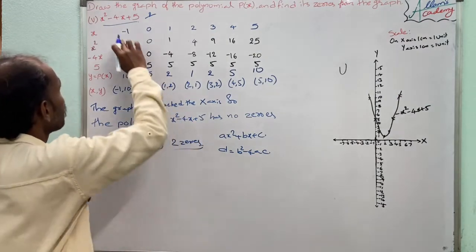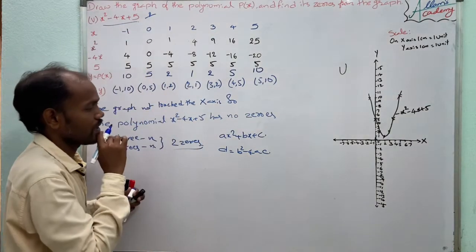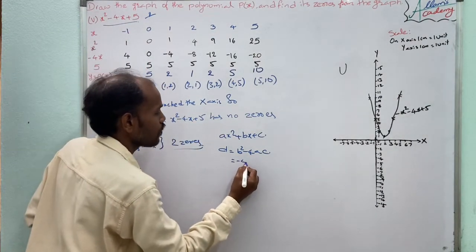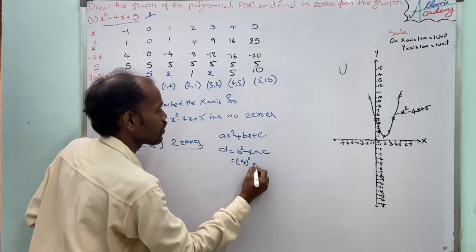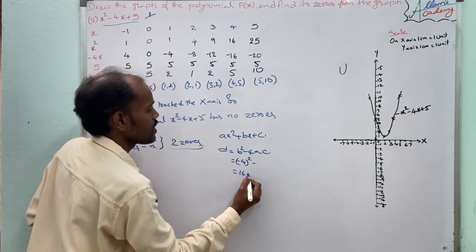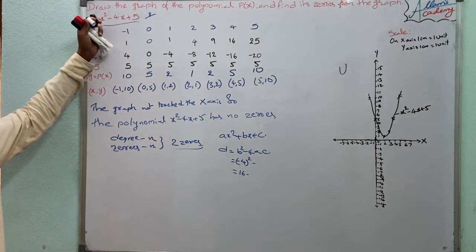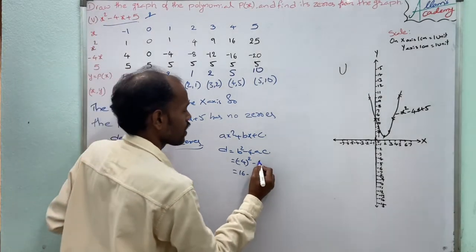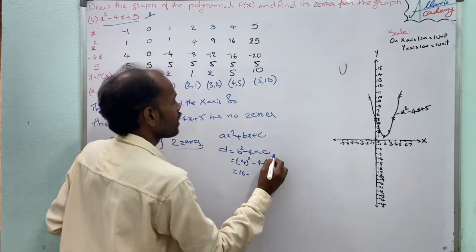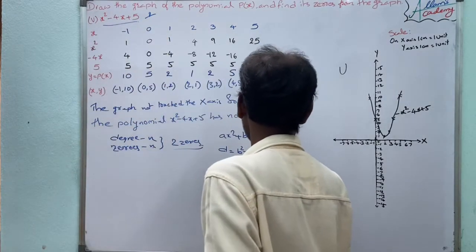So here the b value is nothing but the coefficient of x, that is minus 4. So minus 4 whole square is nothing but 16 minus 4ac. A means the x square coefficient, that is 1. C means the constant term, that is 5.